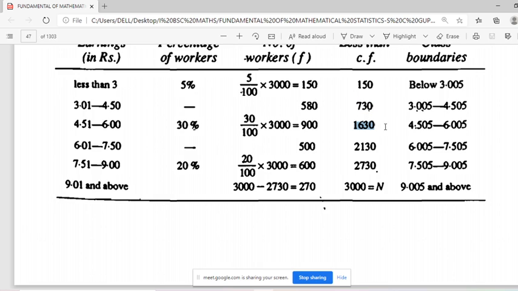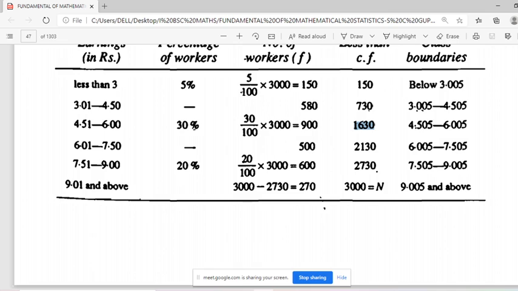In this interval, 731 to 1630 observations are there, so the 1500th observation will be in this interval. So this interval is the median class.